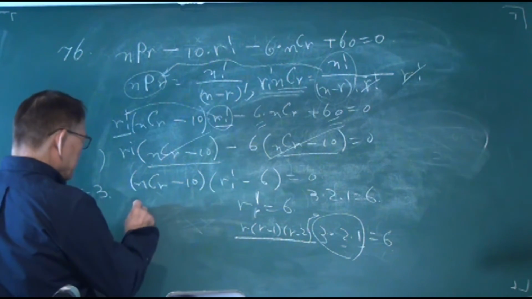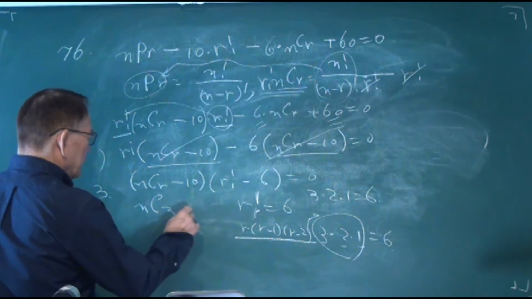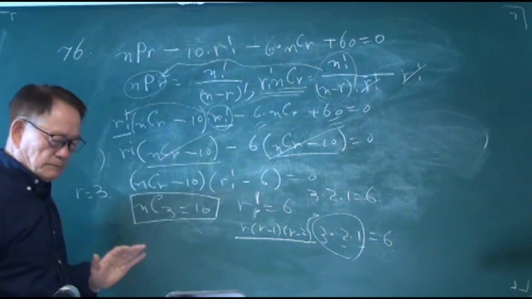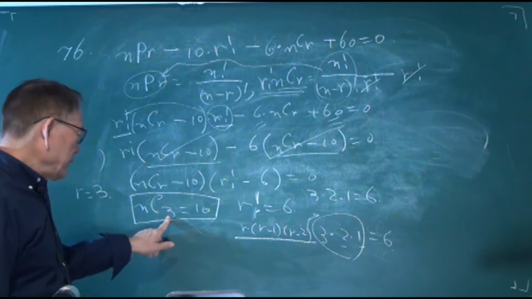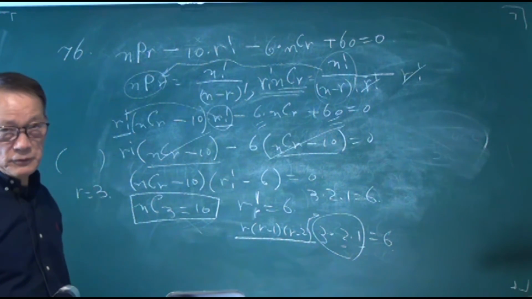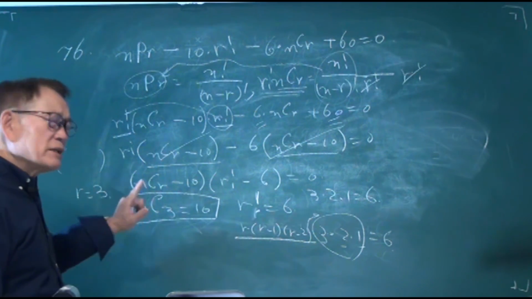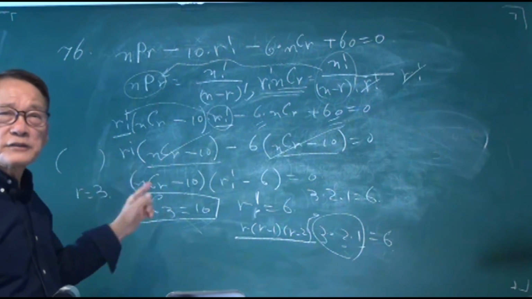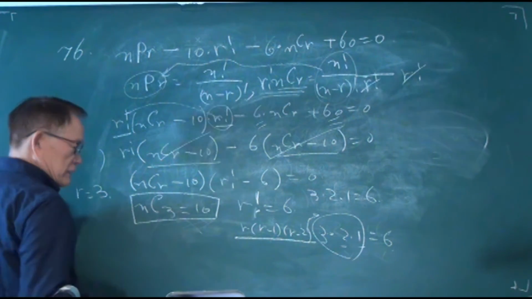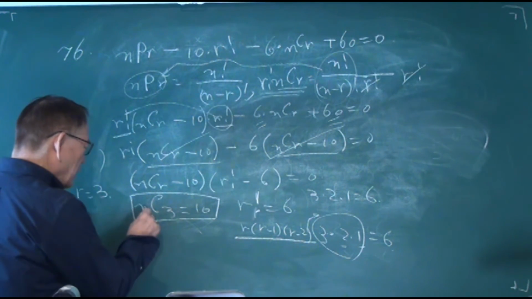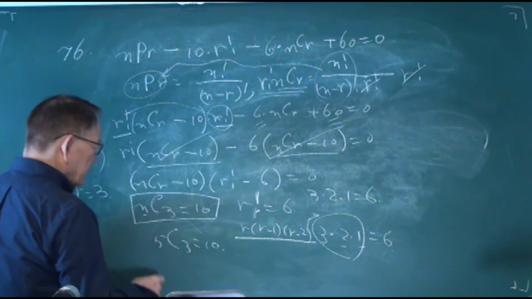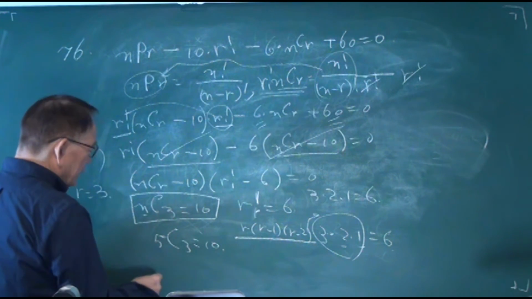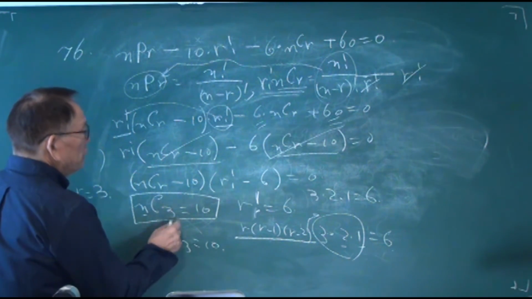Now, we put nC3 equal 10. From how many numbers we choose 3, then 10 different ways are possible. Very common case, a lot of exercise problems use this one. So, we try with 5. If we don't get the idea right away, then we go back to the formula.